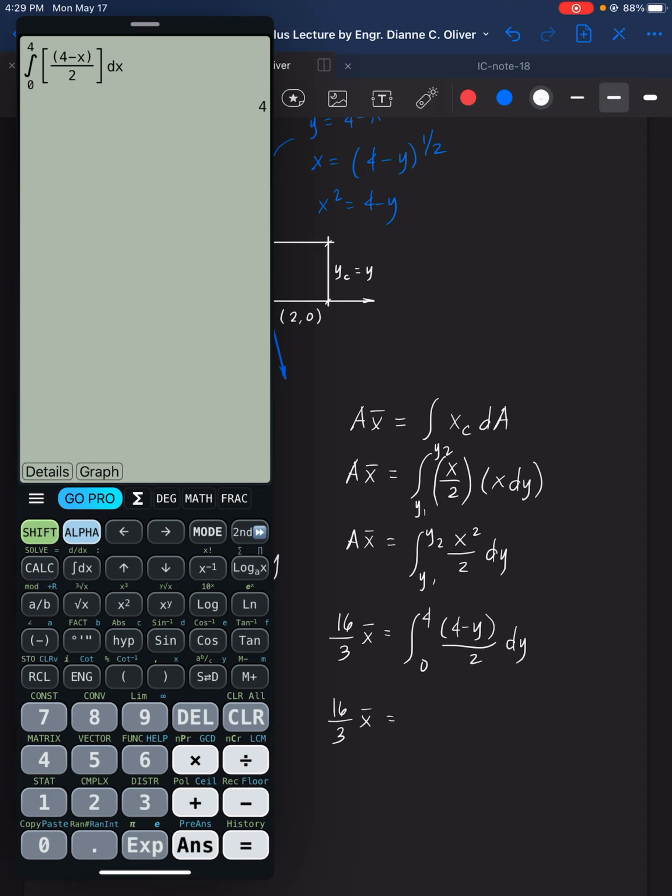So the value here is 4, and then the answer, which is 4 divided by 16/3. So x bar is equal to 3/4 or 0.75. So the same with the first solution.